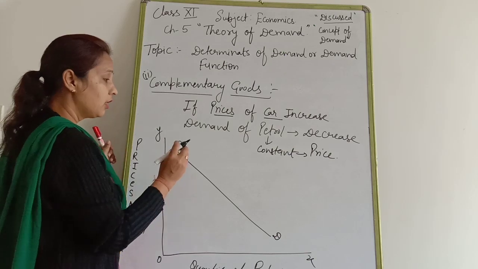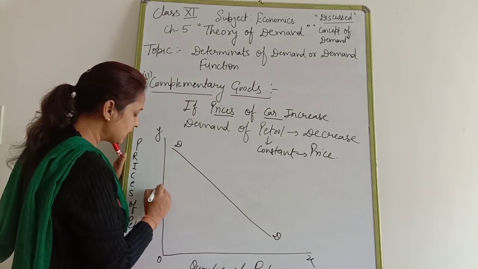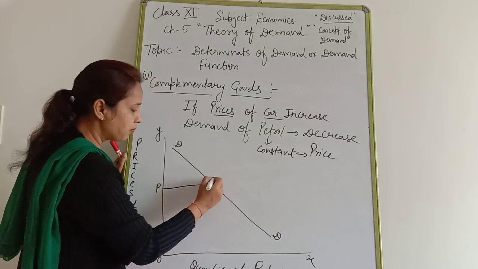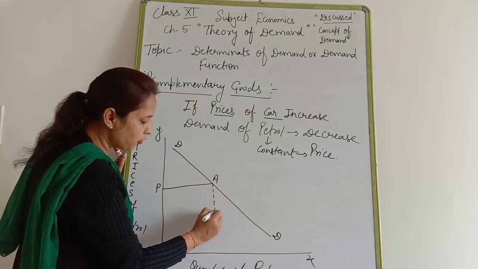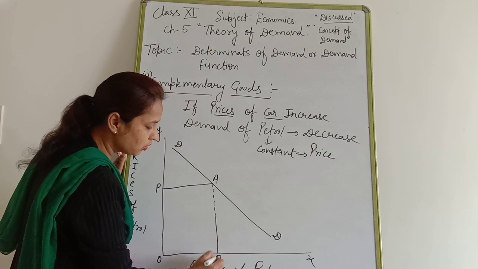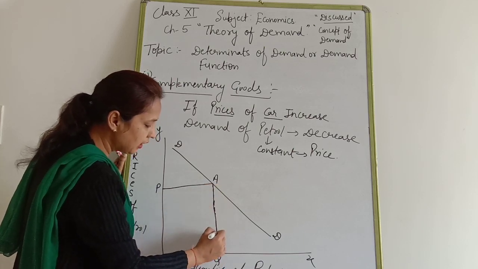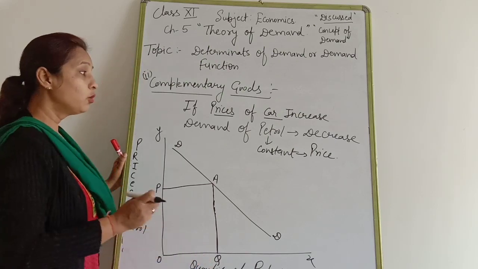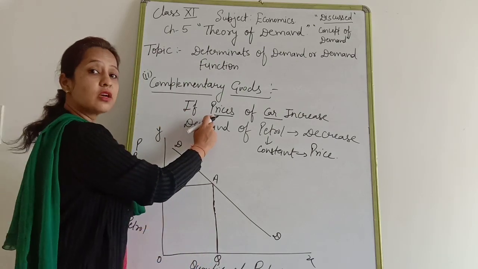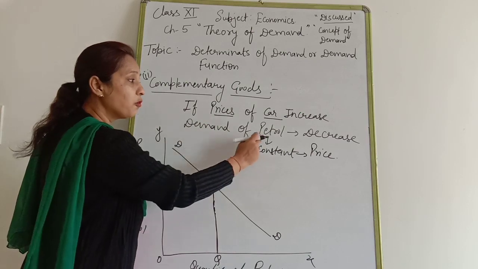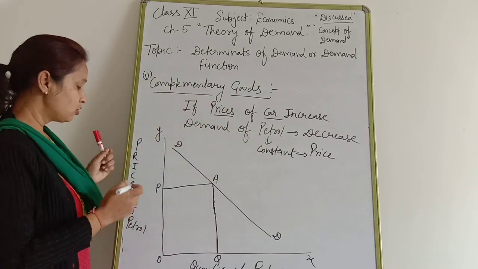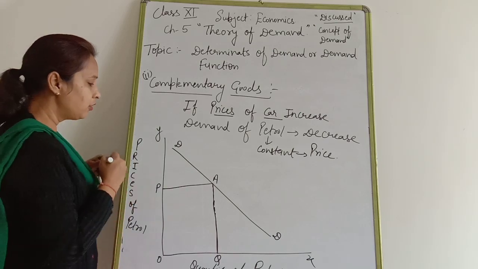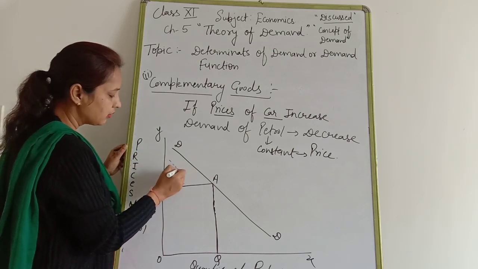Clear? Suppose there are OP prices in the market. Then the demand of petrol will be OQ. Clear? You can see very easily the demand of petrol is OQ. Due to the change in the price of car, the demand of petrol decreases. So because of this reason, the DD demand curve shifts in the backward direction.